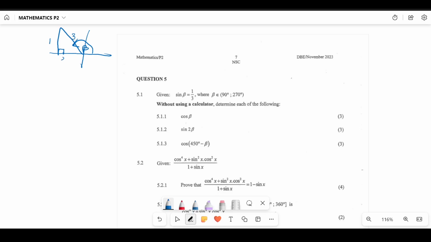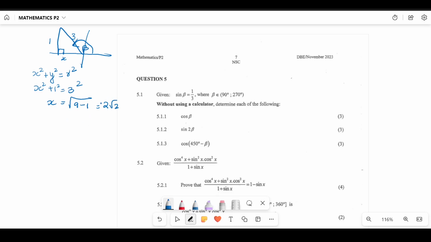We can find the x now using the theorem of Pythagoras. x square plus y square equal to r square. That is x square plus 1 square equal to 3 square. Therefore x equal to square root of 9 minus 1, which is 2 root 2.